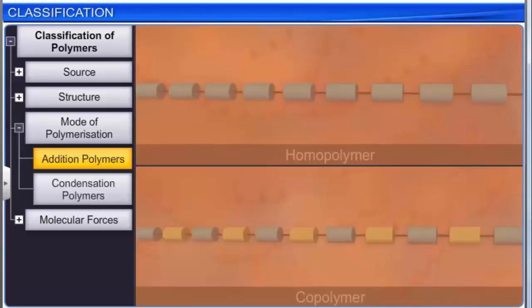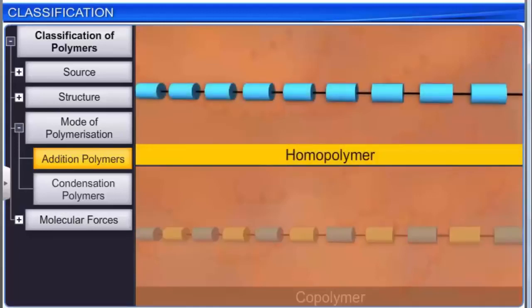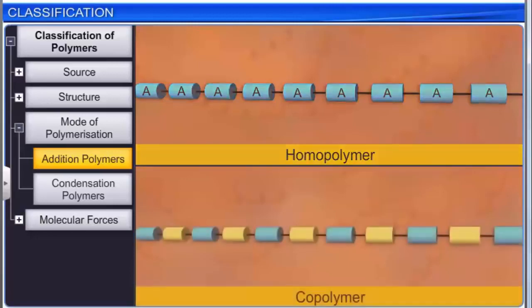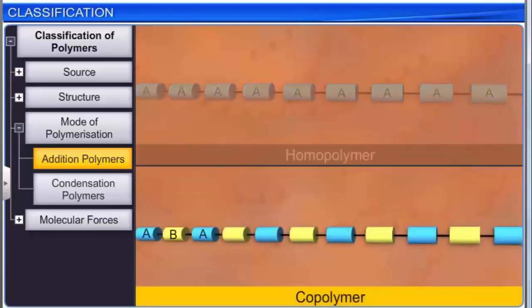Let us draw some simple models to illustrate the difference between homopolymers and copolymers. The first illustration shows many identical monomer units polymerizing into a straight chain homopolymer. The second illustration shows a copolymer with a repeating AB pattern.